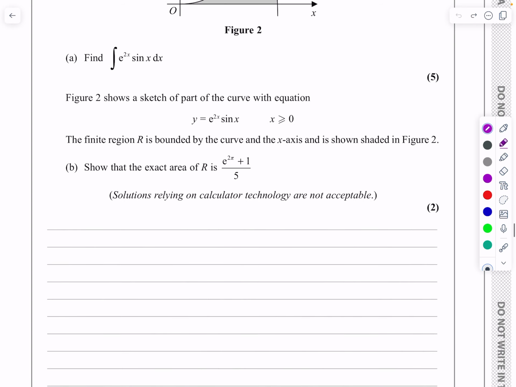Okay, let's have a look at this integration by parts because it's a very interesting one, and I'm going to do a little bit of teaching just before we get started, just to make sure that you're aware of the type of question that we've got here.